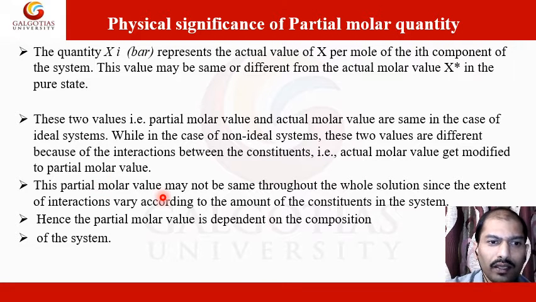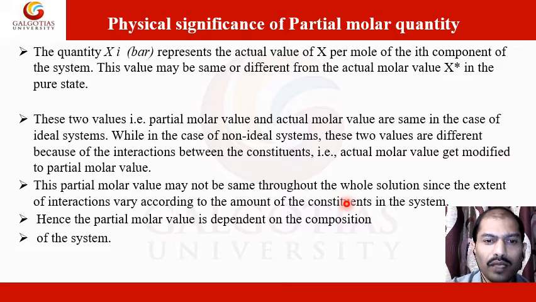The partial molar value may not be the same throughout the whole solution, since the extent of interaction varies according to the amount of constituent in the system, because that depends upon the type of constituent present.